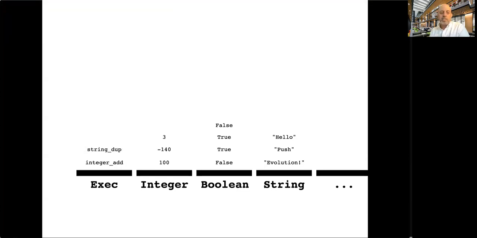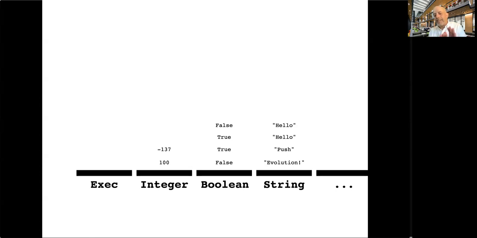Now we're going to execute string dupe, which takes one thing off the string stack and pushes 2 copies of it, okay, duplicates it. So we end up with that. And then integer add is going to add 3 and minus 140 to get minus 137. Now the exec stack is empty and we are done executing this program, okay?